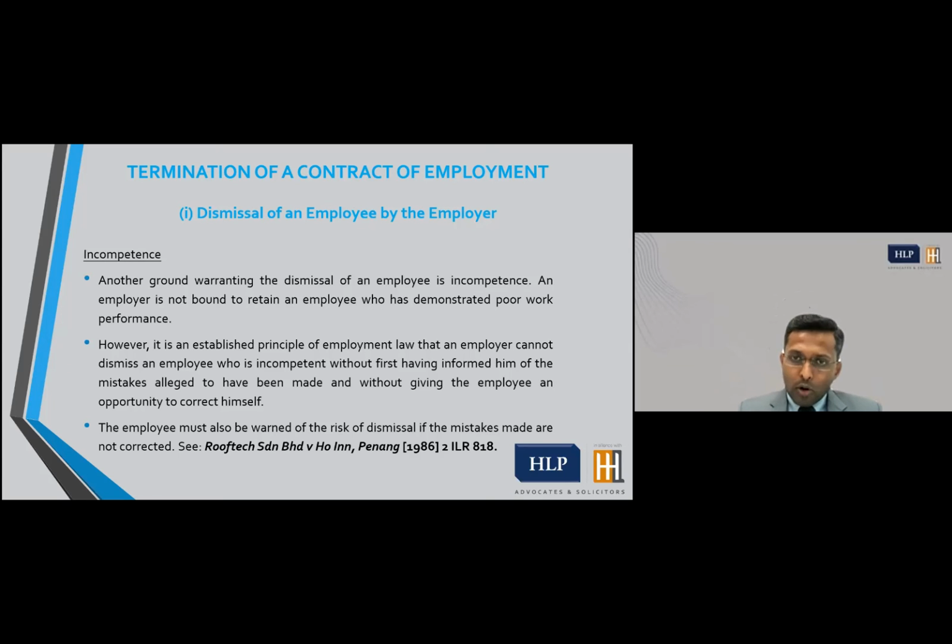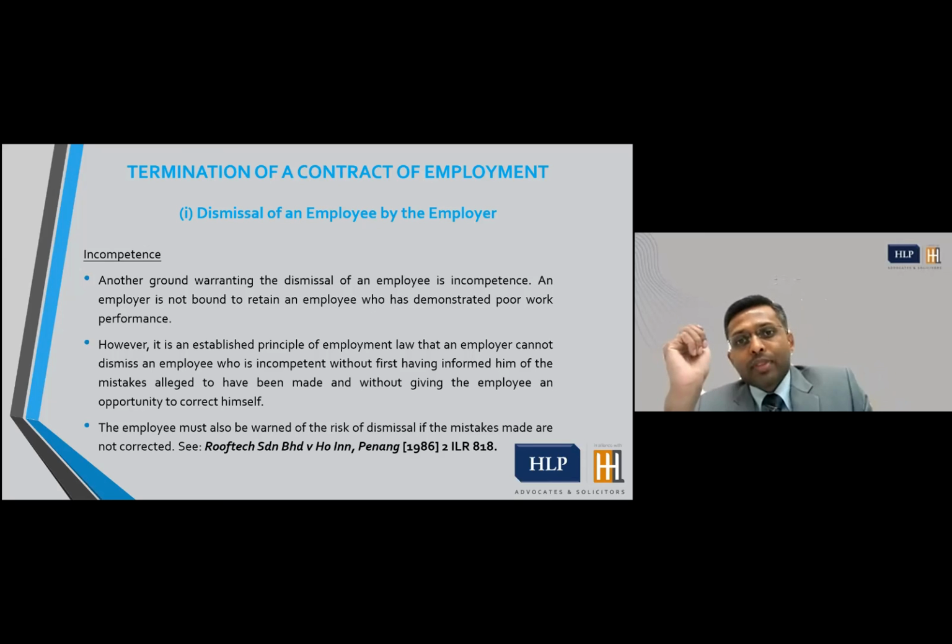An employer should refrain from terminating an employee just because he or she has performed poorly, unless sufficient opportunity has been given to the employee to improve his or her performance. And after these opportunities have been given, and yet the employee fails in his or her duties, then the employer may consider exercising the right of termination.